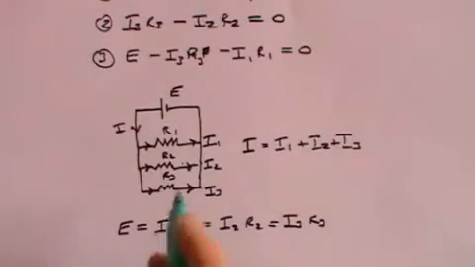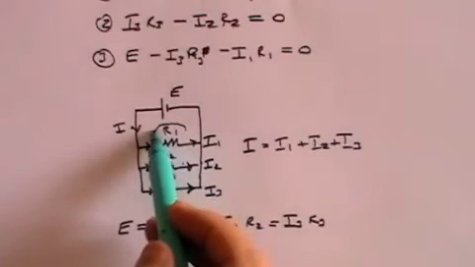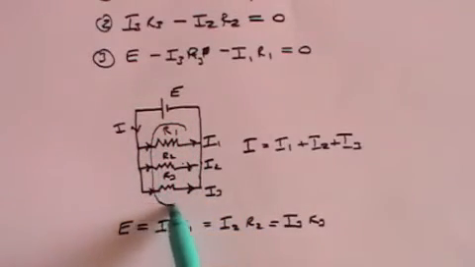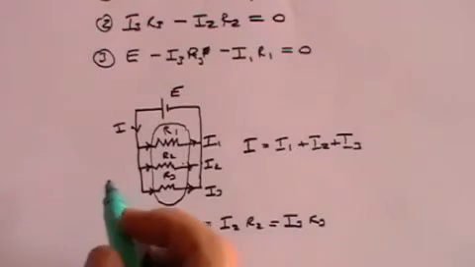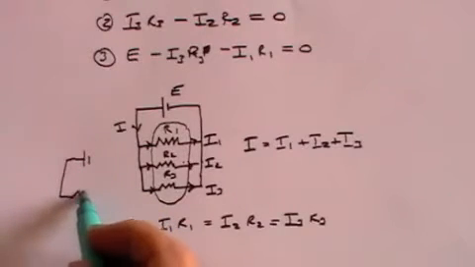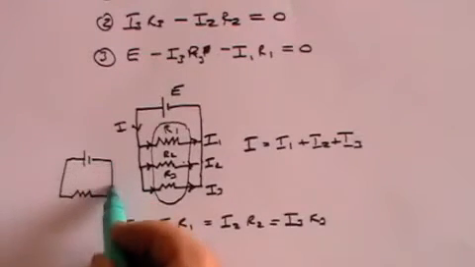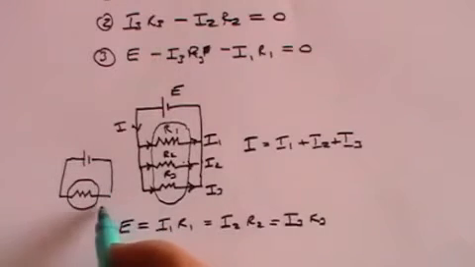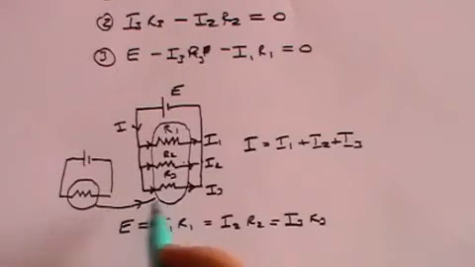And the question we are asking is, what is the combined effective resistance of all those resistors? In other words, we're imagining that we simply have one effective resistance that equates to those three in parallel.